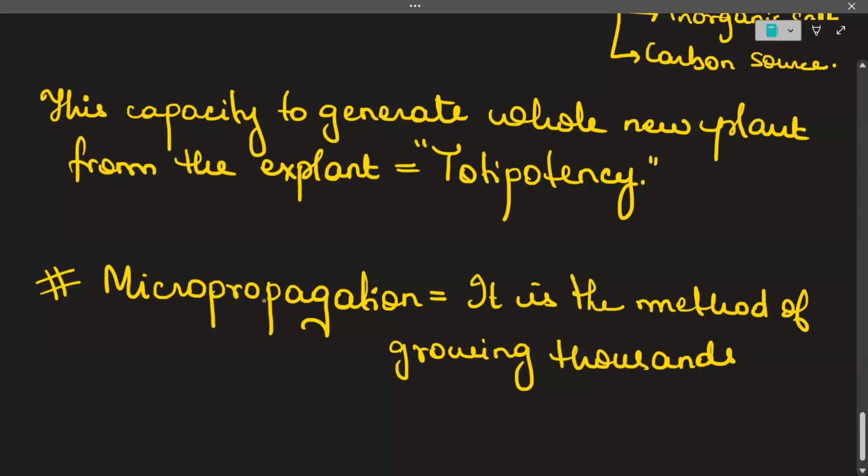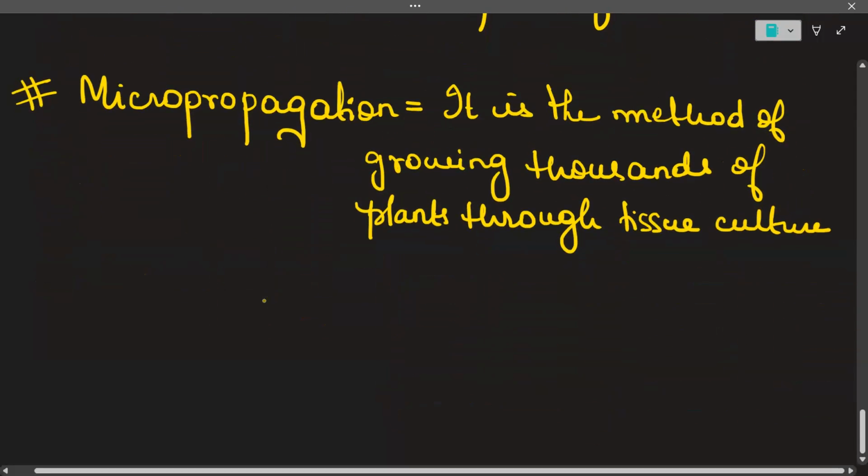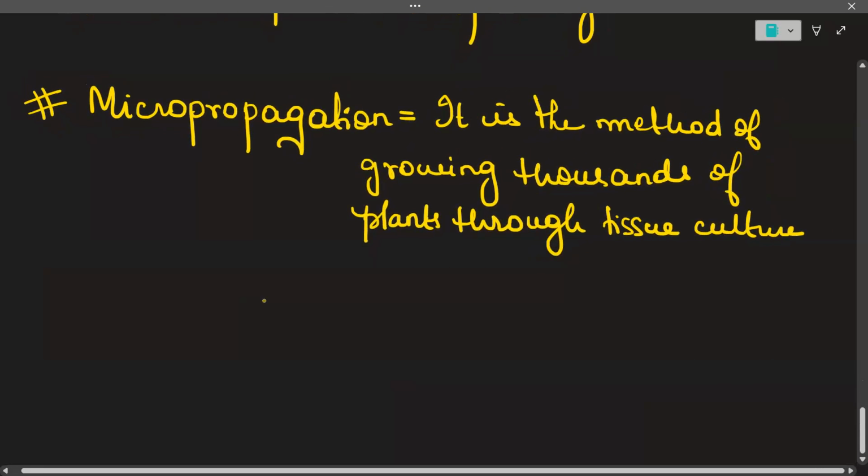So thousands of plants through tissue culture. So tissue culture and micropropagation go hand in hand. Whenever, for example, you study tissue culture and how the behavior of tissue is, and then you want to apply it, you'll apply it to the field of micropropagation. Clear?